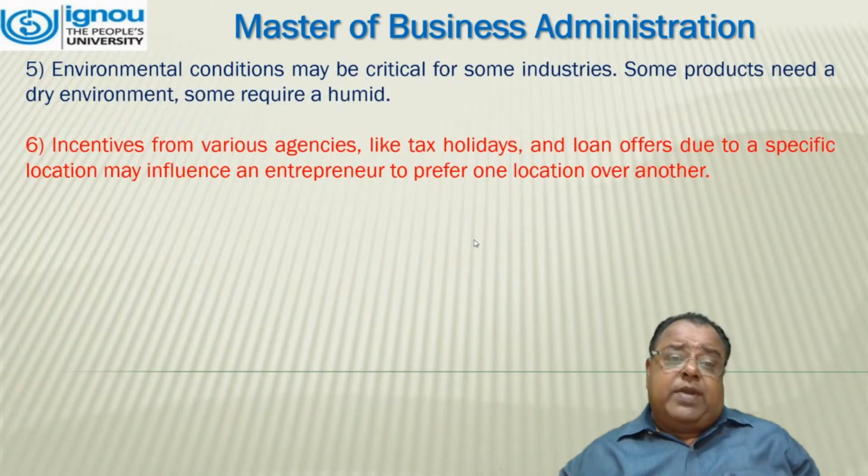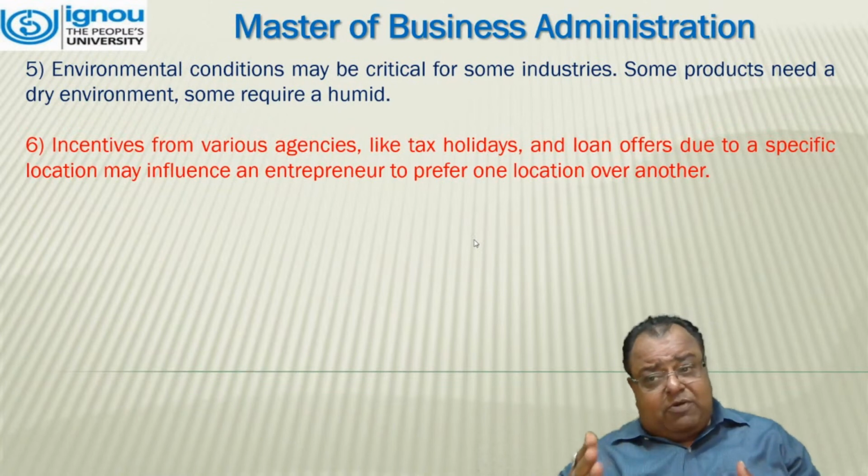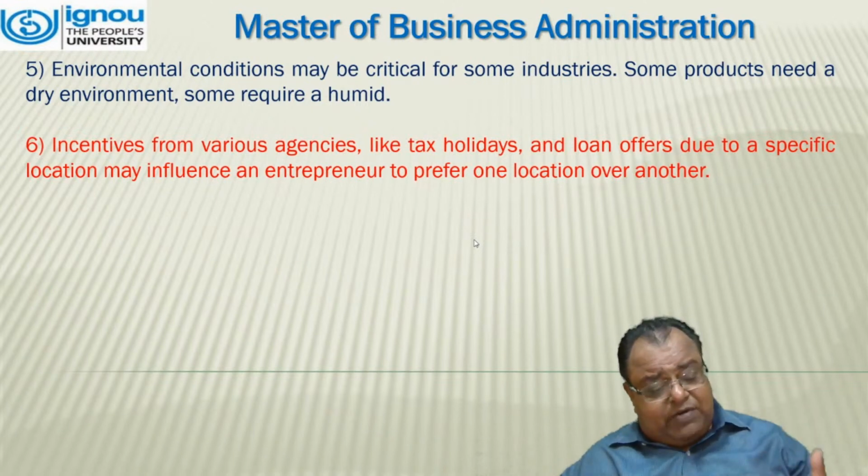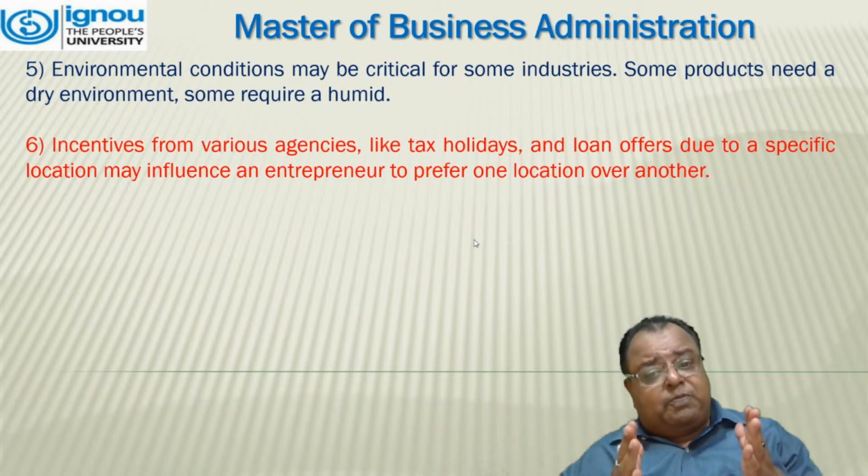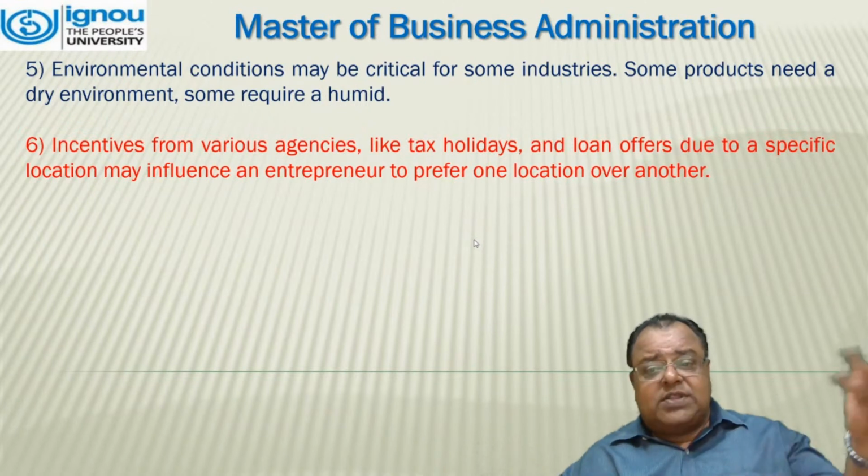Fifth one is environmental conditions, which may be critical for some industries. Some products need a dry environment and some require sunny. Sixth one is incentives from various agencies like tax holidays and loan offers due to specific locations, which influence an entrepreneur to prefer one location over the other.